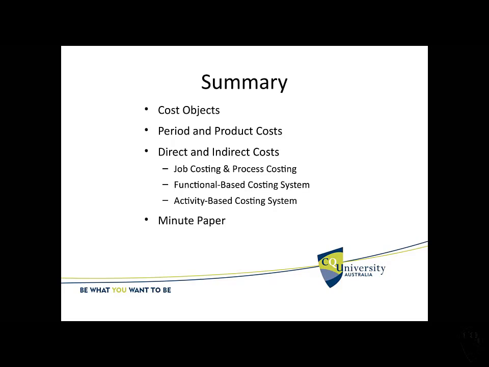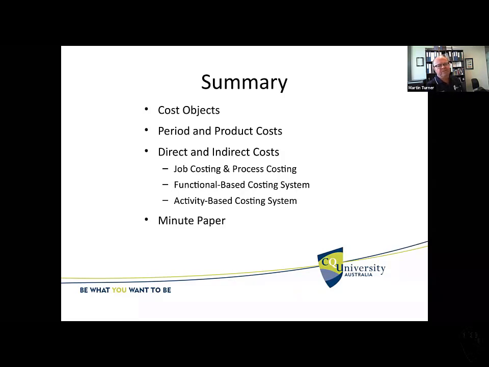We looked at job costing and process costing. They're methods of allocating both direct and indirect costs to products. So job costing is when we can identify the product or service all the way through. So we might as well just attach the costs to that job.